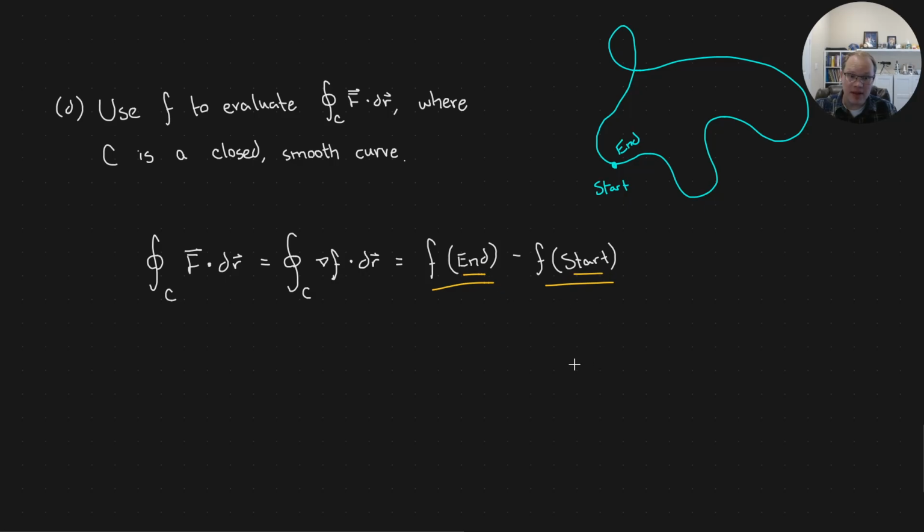I'm plugging the same thing in. We've seen this earlier when we were talking about conservative vector fields. But the line integral of a conservative vector field over any closed curve will always be 0 because the endpoint and the start point are always the same for a closed curve.